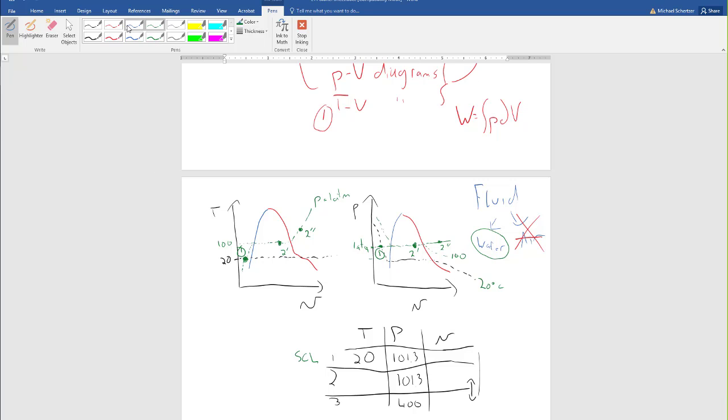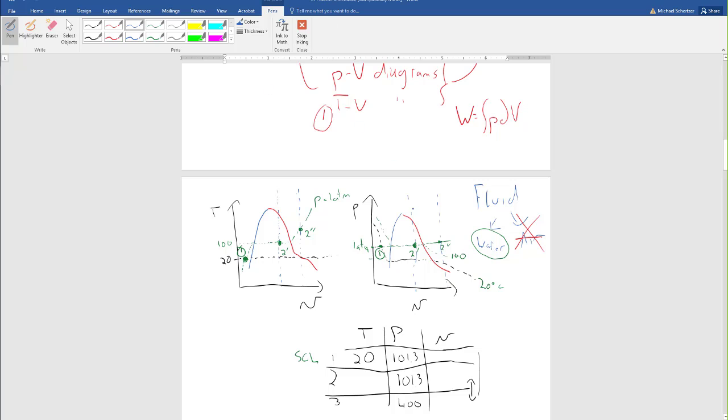Now I can draw, if I know from state 2 to state 3 we're at constant volume, if the specific volume is constant, then we know that we have to be up or down on these. We'll pretend that these are vertical lines.